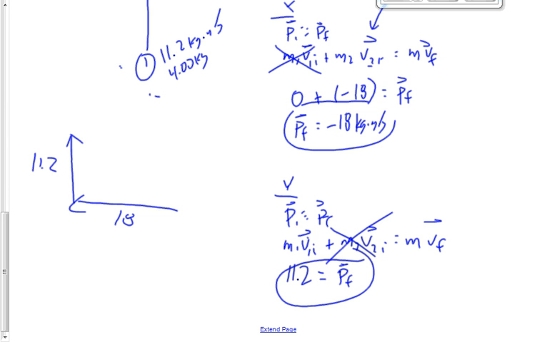We can find the resultant, not speed or velocity this time, but the resultant momentum. P will be equal to the square root of 11.2 squared plus 18 squared. And we can find the angle of that by using the inverse tan of opposite over adjacent. Jason, does that make sense?